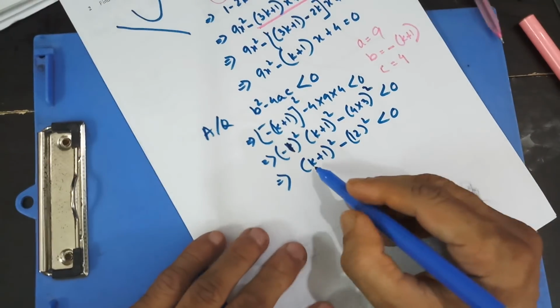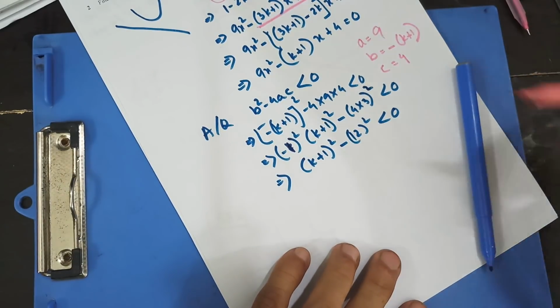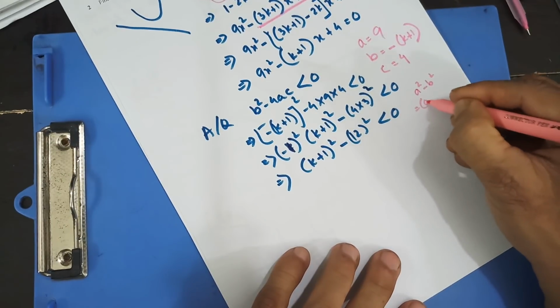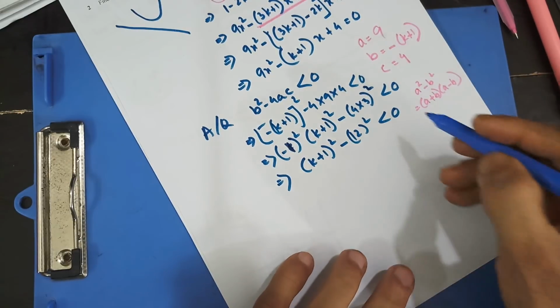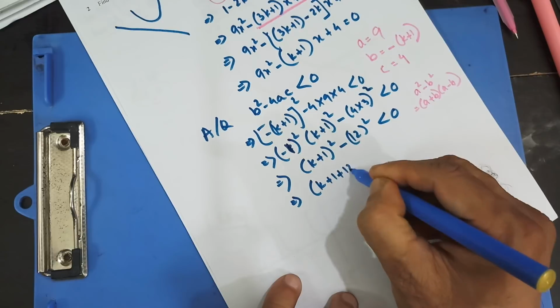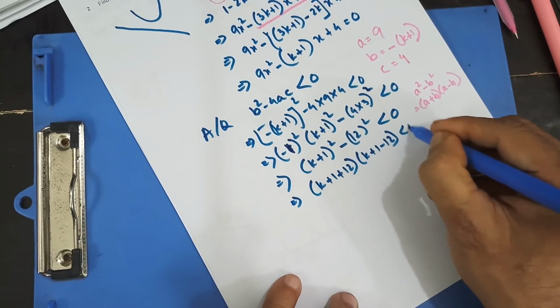Now this one is in the form of a squared minus b squared. I hope you know that a squared minus b squared is nothing but (a plus b)(a minus b). Okay, so that's what I'm going to do. (k plus 1 plus 12)(k plus 1 minus 12) less than 0.